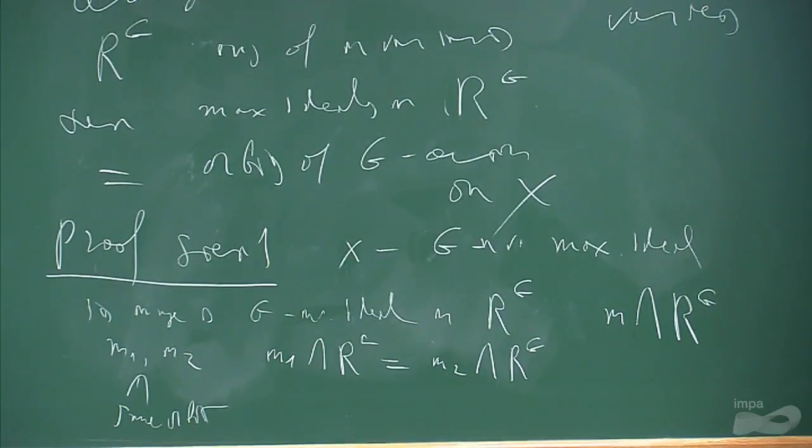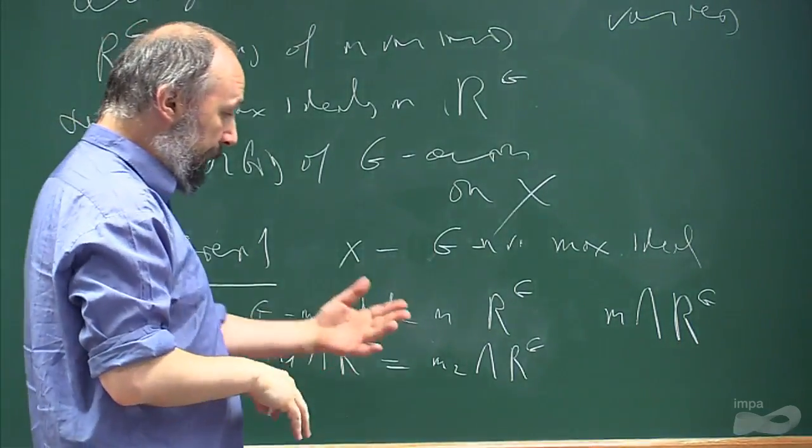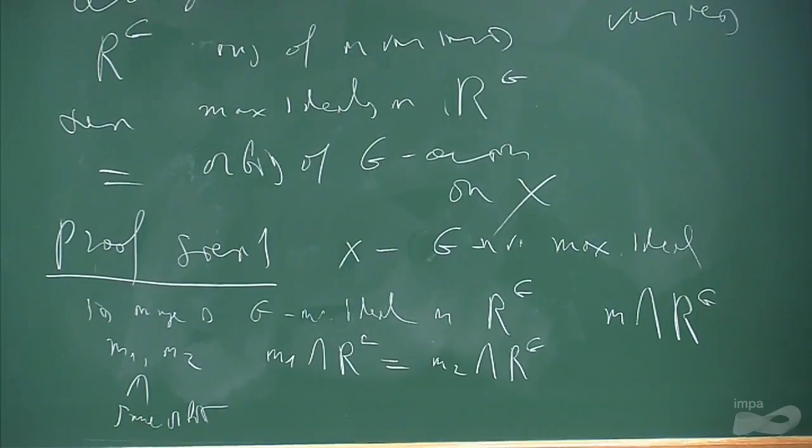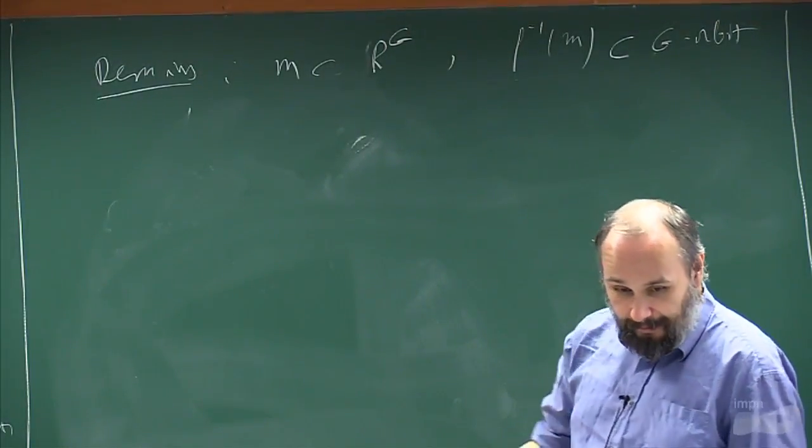It remains to prove: if you have a maximal ideal M inside the invariant ring, the ring of invariants, you could take its preimages, F minus 1 of M, which are different ideals such that their intersection with the invariant ring is M. This is contained in a G orbit. So if you have two ideals which are both preimages, they're related by group action.